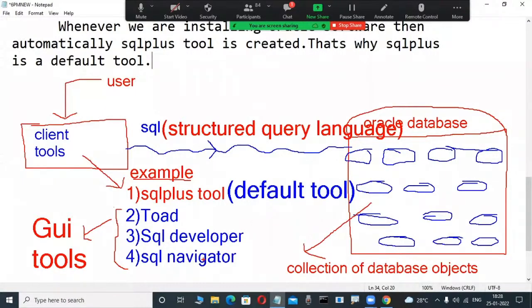Once connected, we are using the SQL language. By using this language, we are operating the Oracle database, learning a collection of DB objects. That's all, at least a first-time idea.